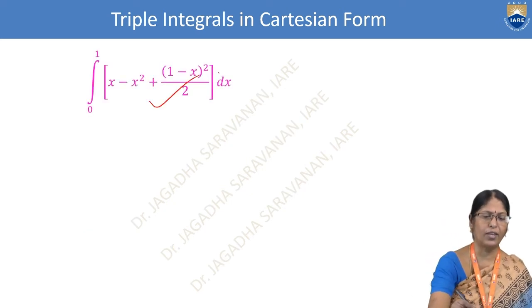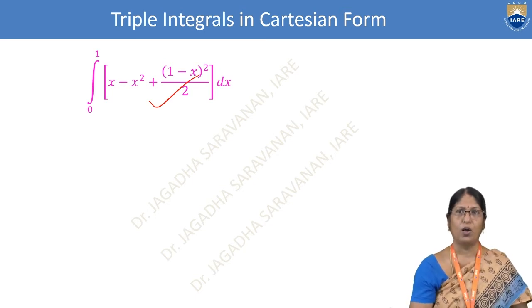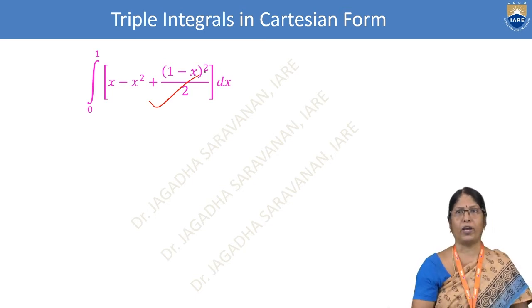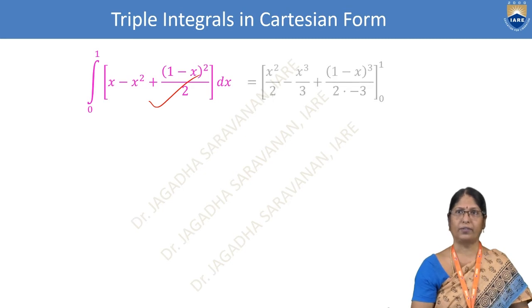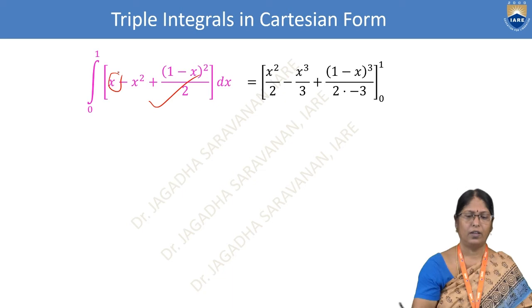So now we can see here x minus x square plus 1 minus x the whole square by 2 dx. Now this is the x integration, we have to do it.